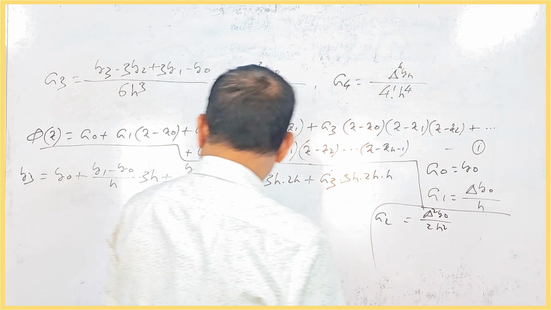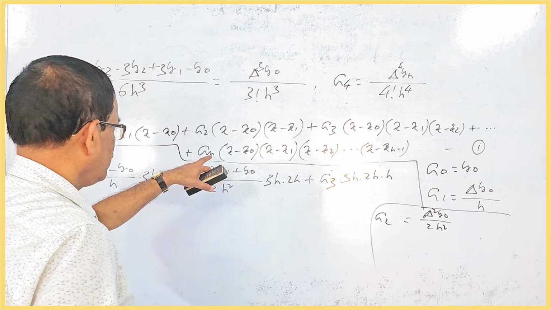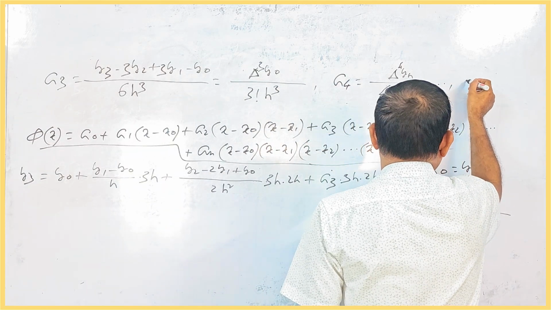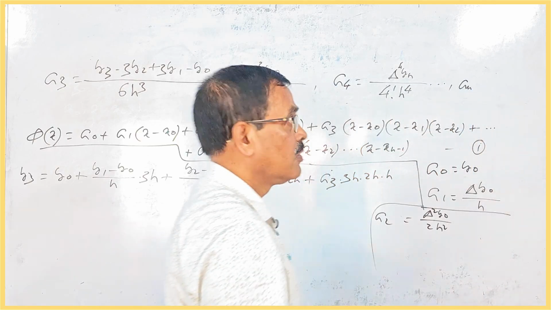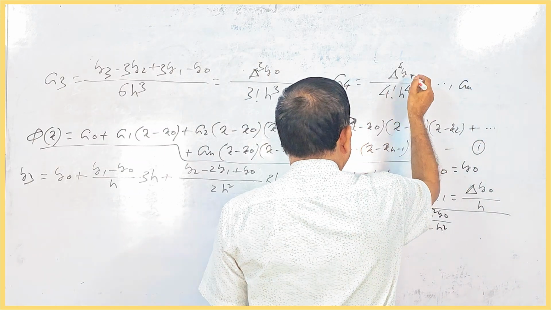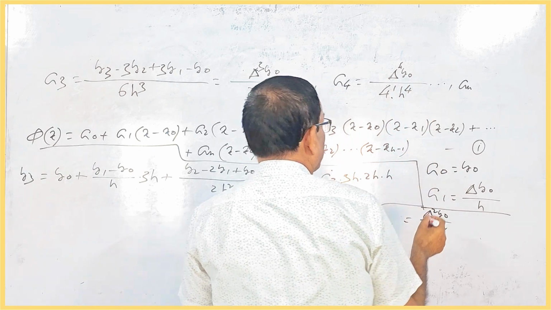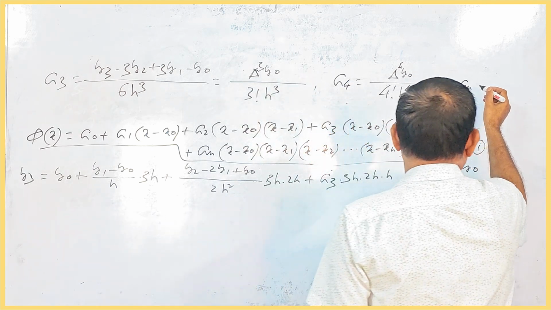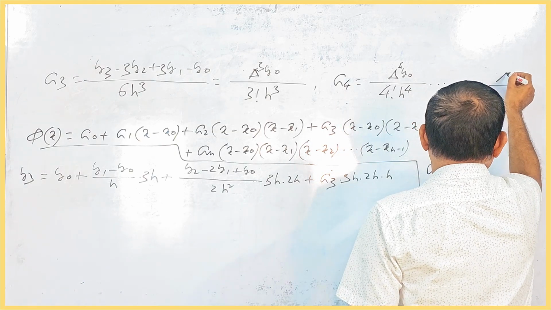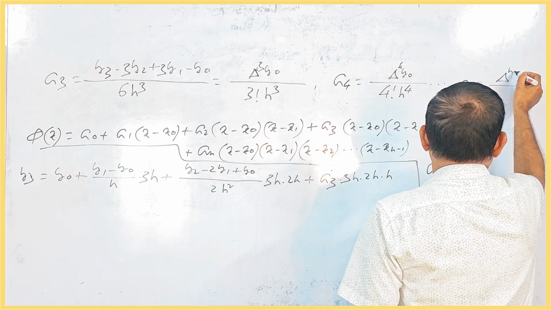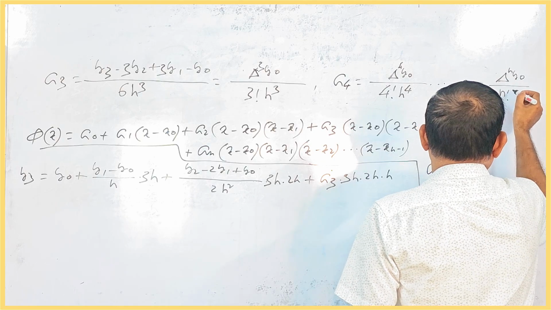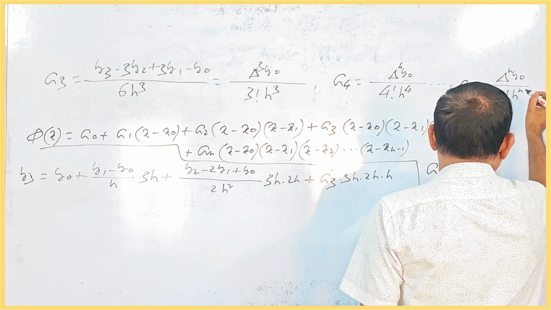So similarly, I can compute the last coefficient an. If I continue in this way, I can compute an equal to delta to the power n y naught by n factorial and h to the power n.